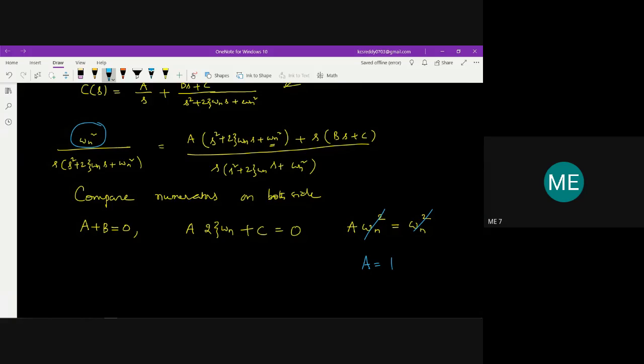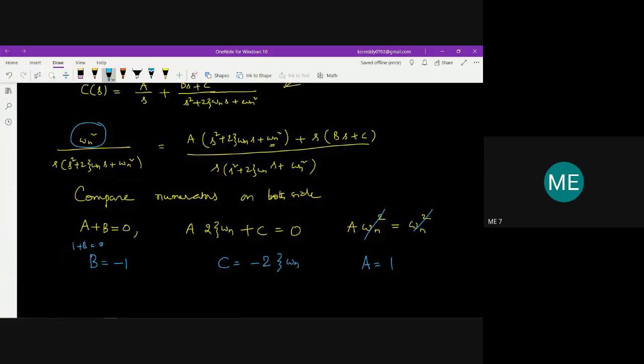So once you have A is equal to 1, I'll get C. We know that A plus B is equal to 0, so B is equal to what? Minus 1. So 1 plus B is equal to 0, so B will become minus 1. Once you have B and A, substitute C is equal to minus A into 2 zeta omega n, and A is 1. So minus 2 zeta omega n.